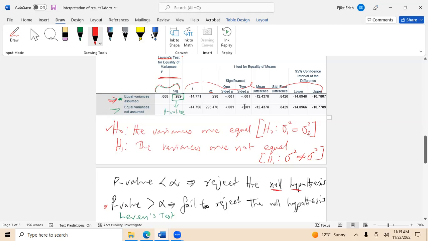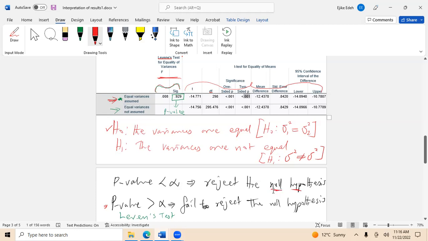So let's assume we are doing a two-sided tail test this time. We're going to look at interpreting this result here. You see that the p-value is less than 0.05, and because of that, you are rejecting the null hypothesis, right? As we said, if the p-value is less than alpha, which is 0.05, we reject the null hypothesis.